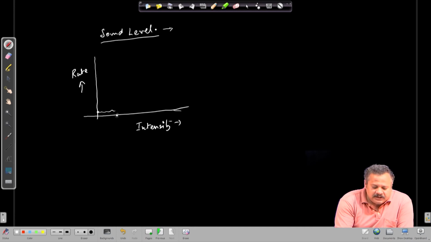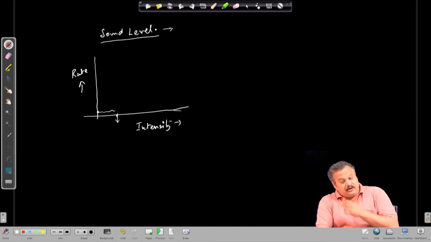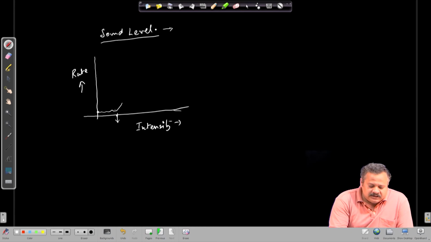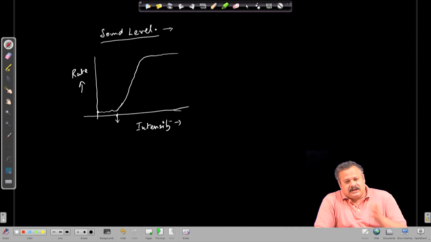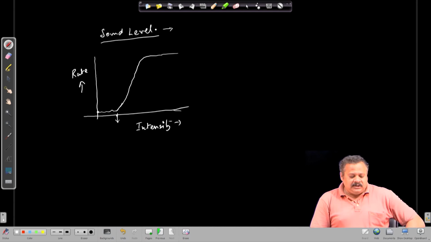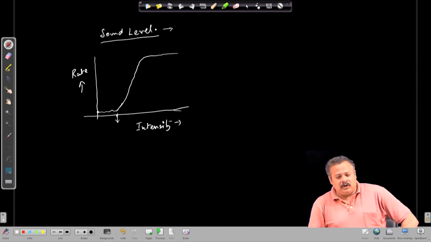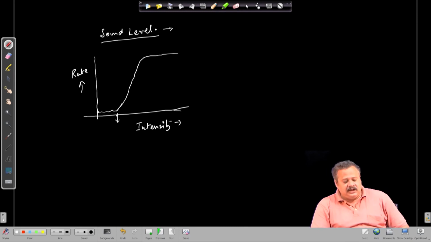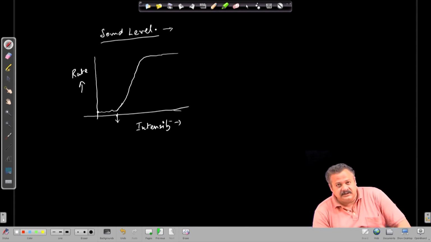There is some sort of a threshold: below that intensity the neuron does not respond to the noise burst, and then the neuron starts to respond and this saturates and stays here. This is just like the output nonlinearity of a neuron model that we had talked about, like the spike triggered average followed by an output nonlinearity. That is providing the threshold and the saturation of firing rate, and that is what is being observed in this case at the systems level.